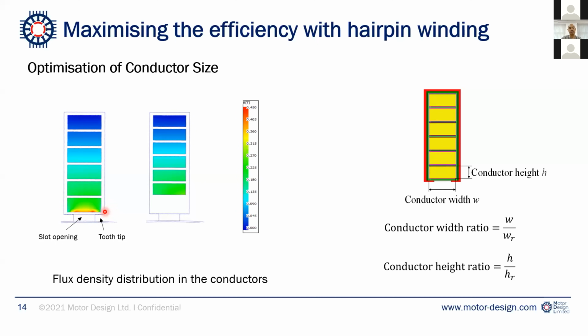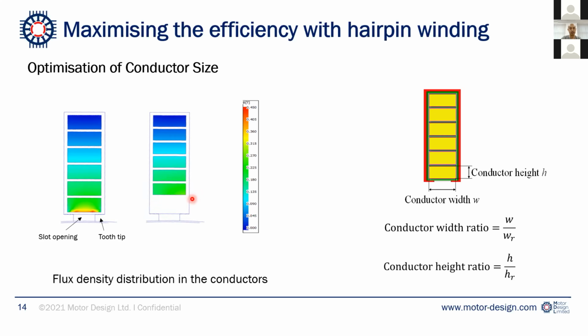This high flux density and the changing magnetic field here will cause significant AC losses in the conductor. If we reduce the conductor size a little bit to avoid the slot opening, we can see that the flux density becomes much lower.